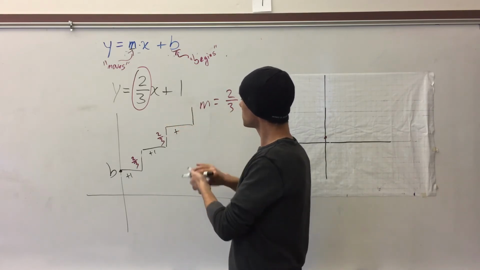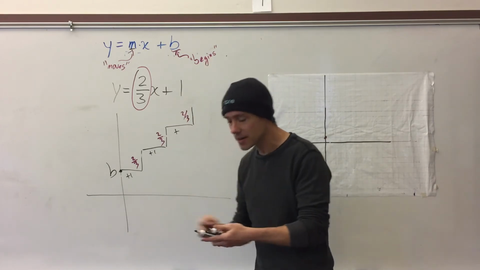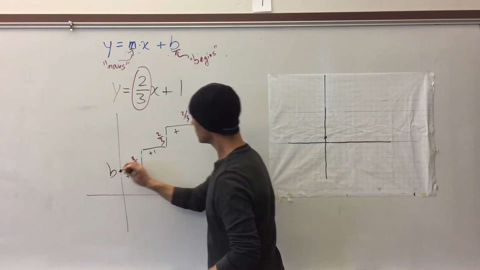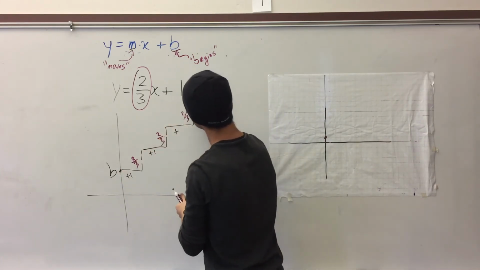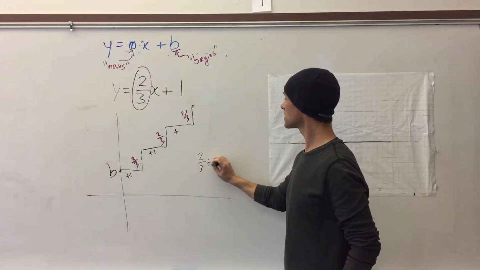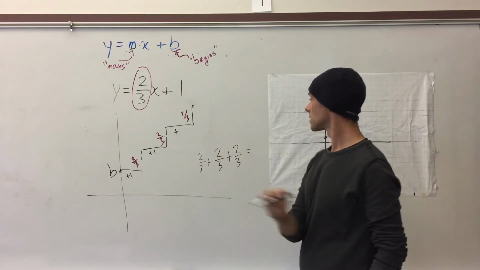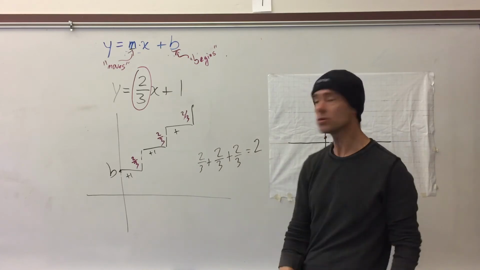So the trick here is to realize that if you go over 1 up 2/3, over 1 up 2/3, over 1 and up 2/3, well, what's 2/3 plus 2/3 plus 2/3? Well, you got to add that. That's 6/3, which is just 2.